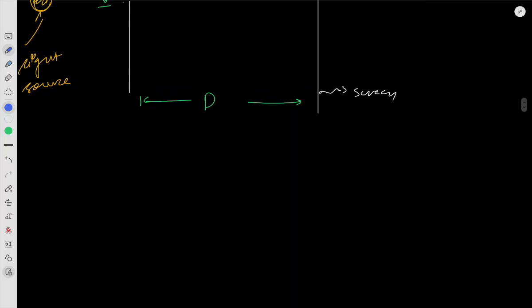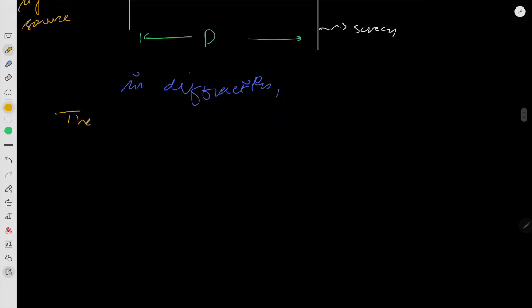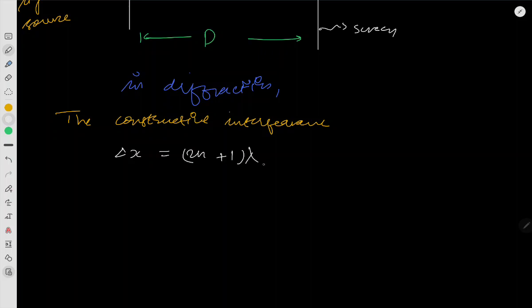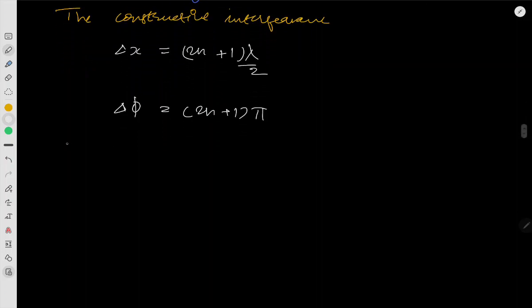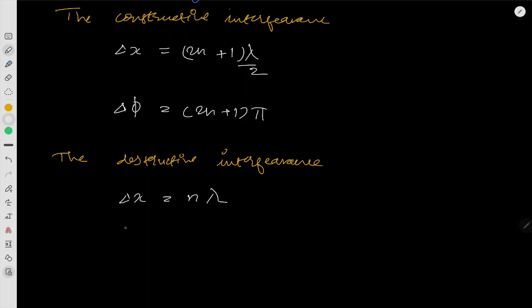The thing that we found in diffraction, I'll use the yellow for heading: the constructive interference, the path difference is equal to (2n+1)λ/2, and the phase difference is equal to (2n+1)π, and the destructive interference, the path difference is nλ, while the phase difference is 2nπ.